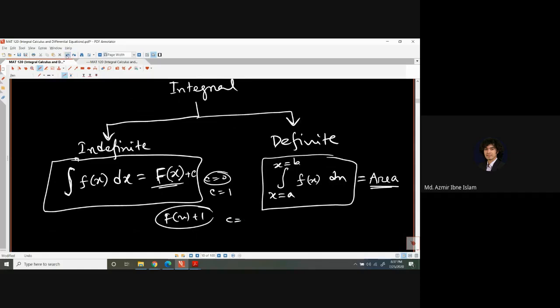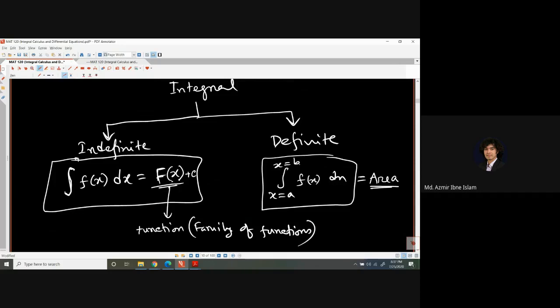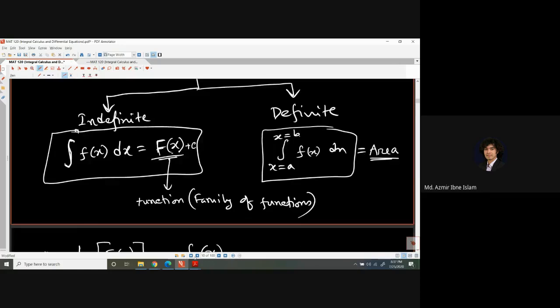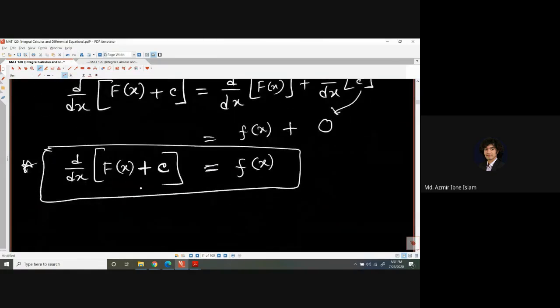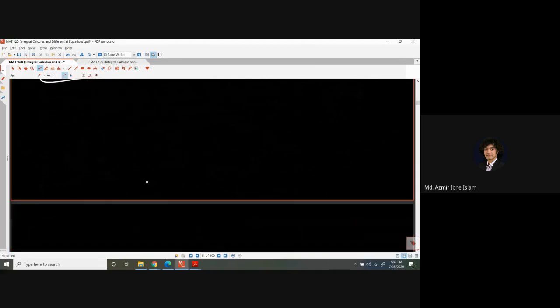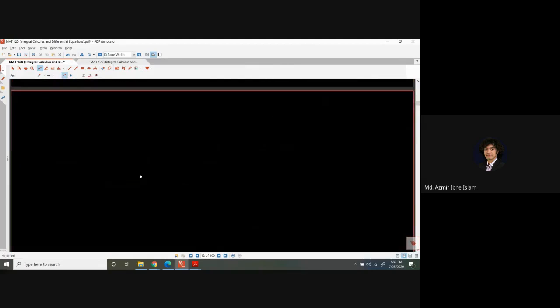That's why what I have mentioned, for indefinite integral, finally we will have the antiderivative, that is a function, or it may be a family of functions, okay, depending on the constant c. So let's have a look at the properties of indefinite integral.